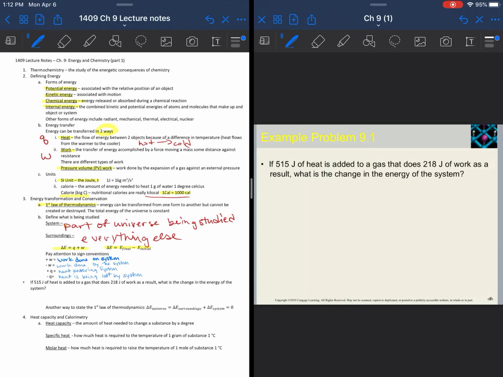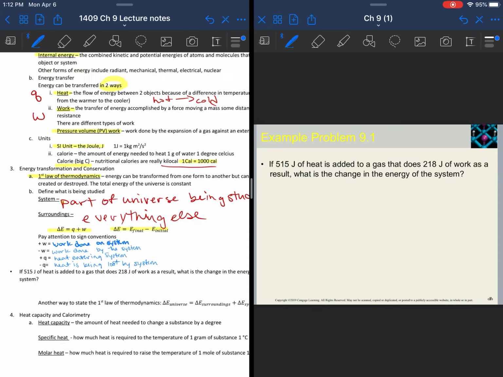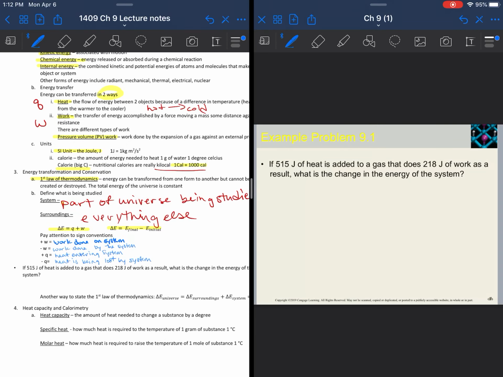All right. So we're going to look at a very simple delta E problem. If we have 515 joules of heat added to a gas, and that gas does 218 joules worth of work, what is the delta E of the system? All right, so our Q, right, 515 joules of heat are added to the gas.